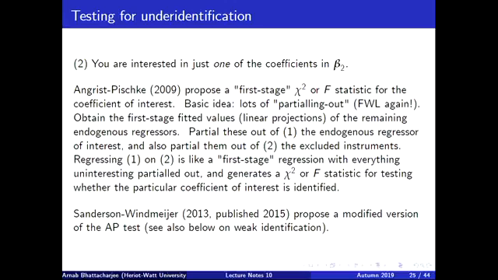You obtain first-stage fitted values of the remaining endogenous regressors, then partial them out on the basis of this, like a first-stage regression. Everything you are not interested in is partialed out. That generates a chi-square or F statistic for testing whether the particular coefficient of interest is identified.